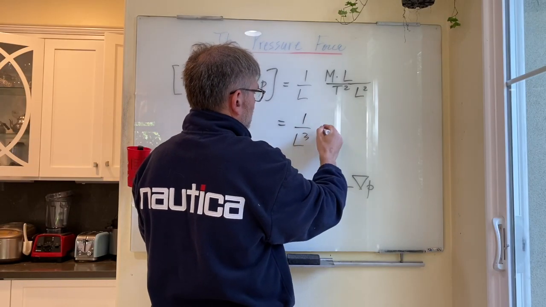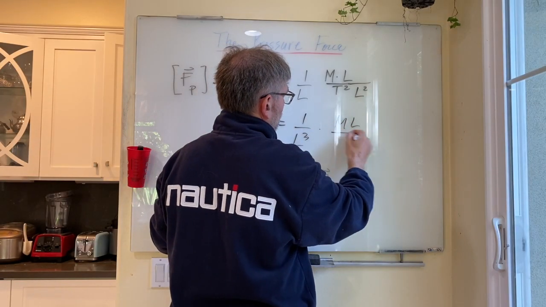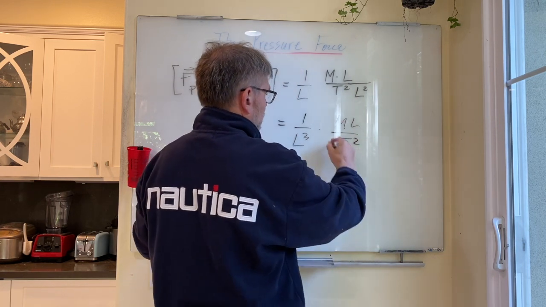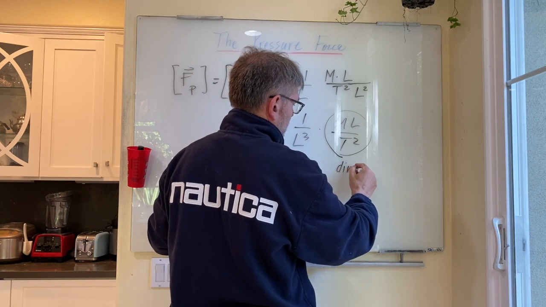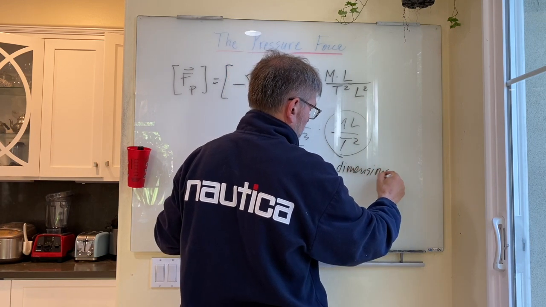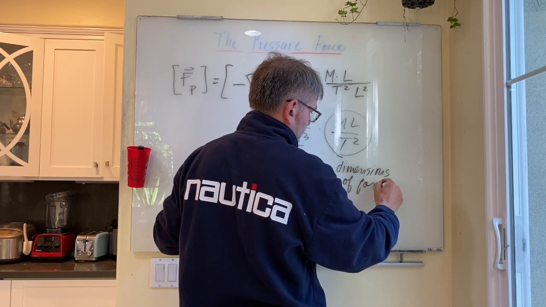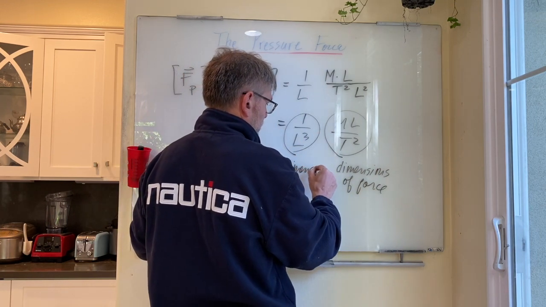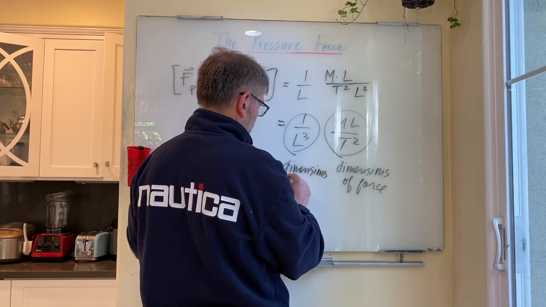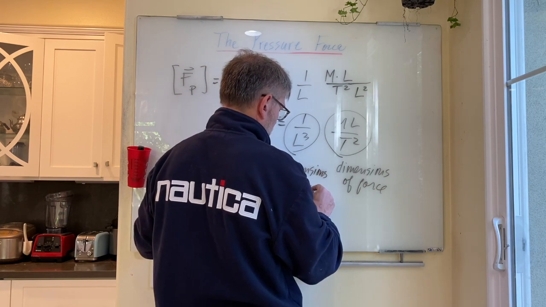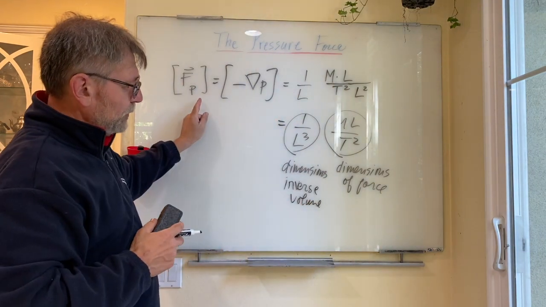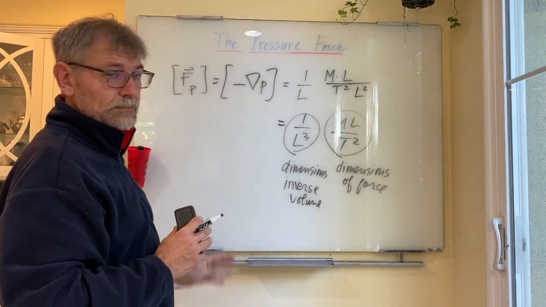And these two together, I get 1 over L cubed times mass length over time squared. And this has dimensions of force, and this has dimensions of inverse volume. And so we see that indeed the pressure force has dimensions of force per unit volume.